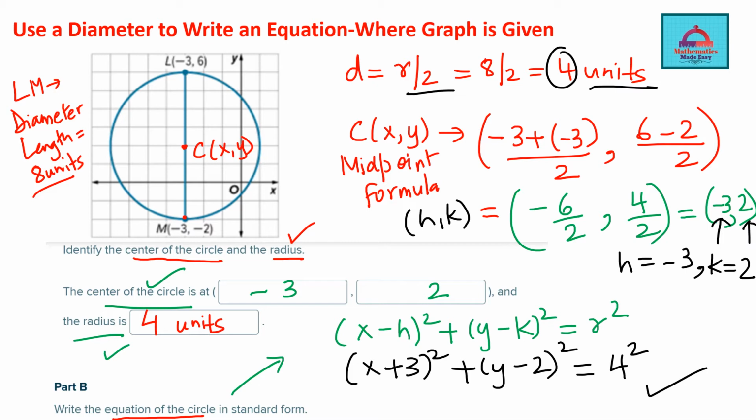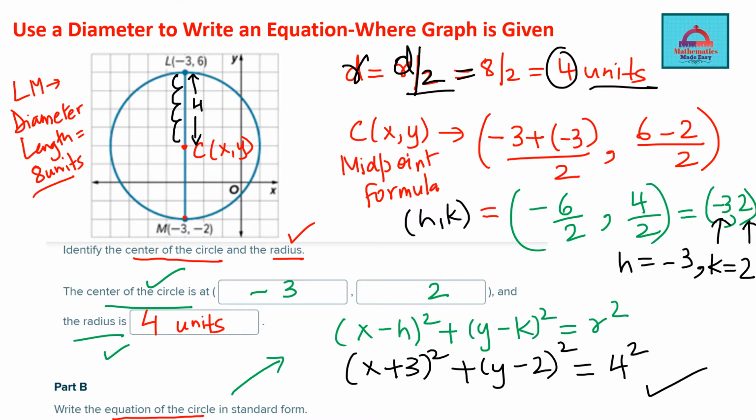So this is the equation of the circle. Let's correct this. Radius is diameter divided by 2. Yes. So we put in the correct value, and remember from the graph also you can verify by counting squares. 1, 2, 3, 4. So this has come out to be 4, the radius.